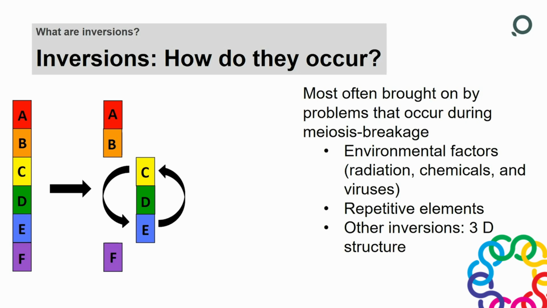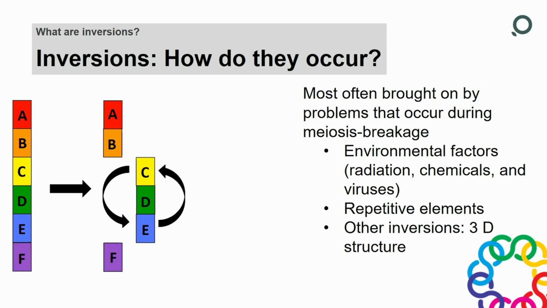And these inversions have immediate impacts on the genome, and they also have less immediate impacts on the genome. They occur usually during meiosis, and we know that they can be triggered by environmental factors such as radiation, chemicals, viruses. Also repetitive elements are often associated with breakpoints.